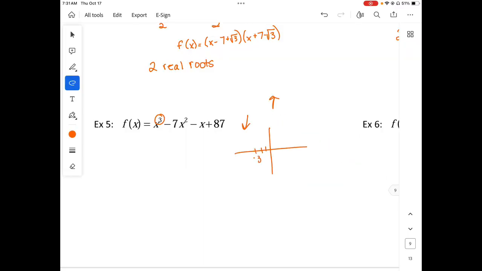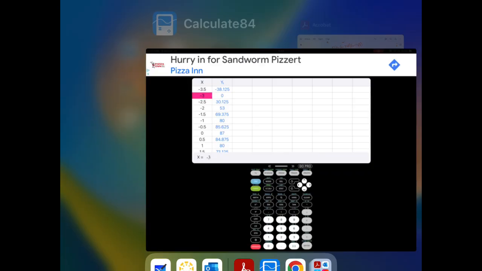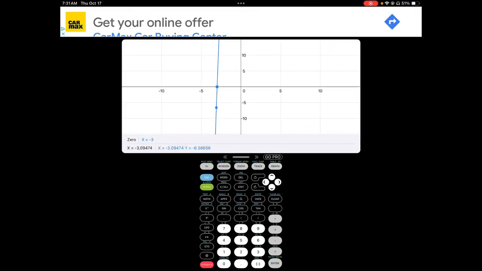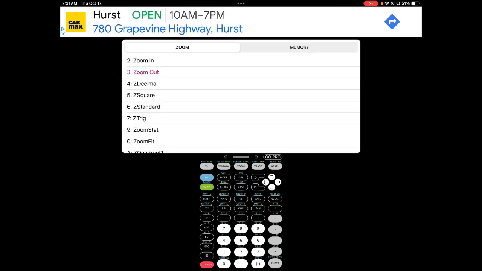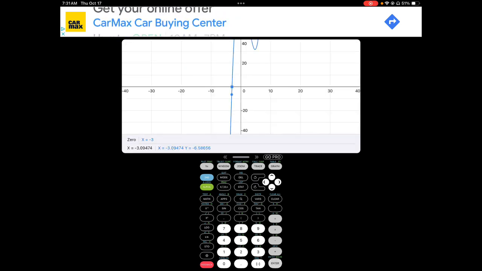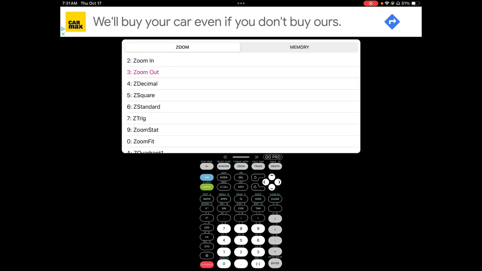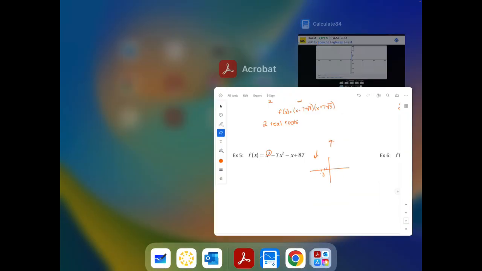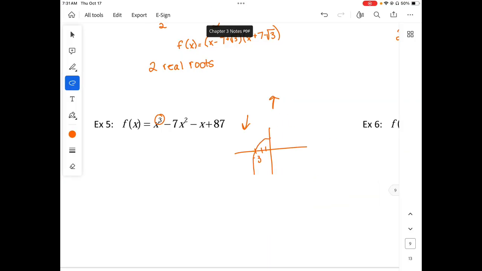Negative 3. How did it look? Let's look back at our graph. Let me zoom out. There we go. So that's a general shape, like that.